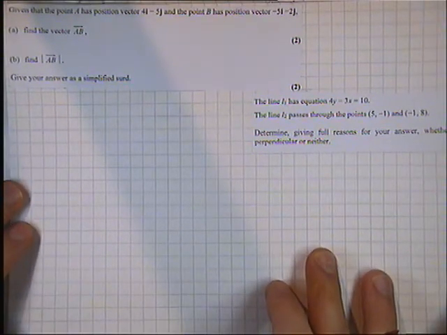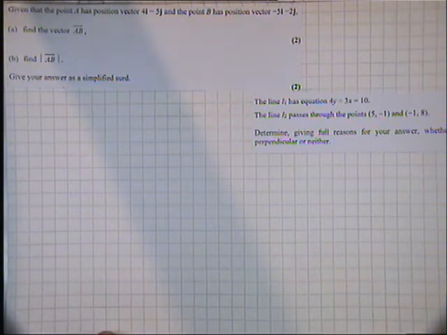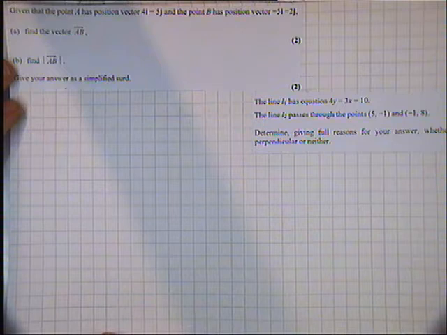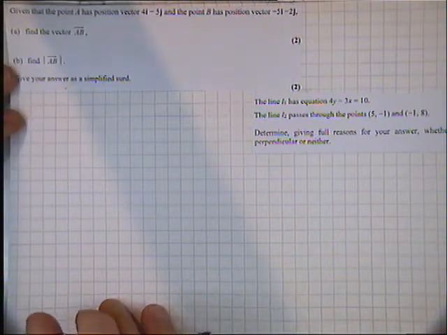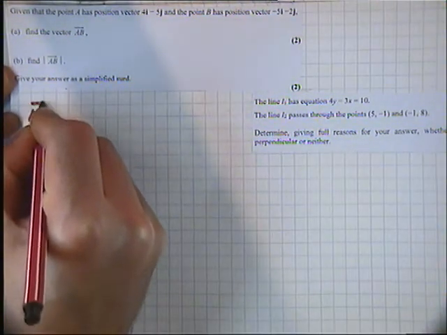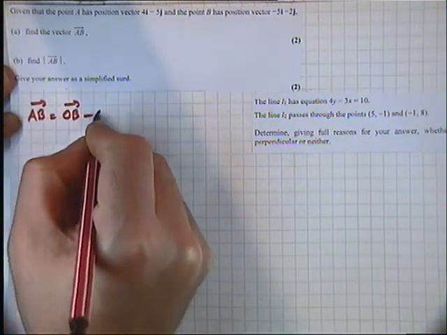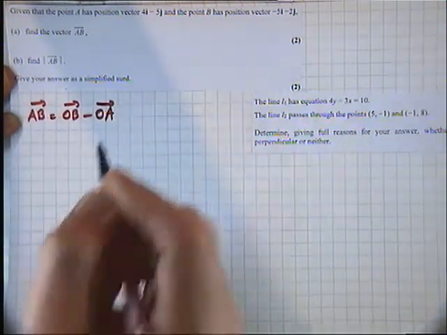Given that the point A has position vector 4i minus 5j, and the point B has position vector of minus 5i minus 2j, find the vector AB. AB is a vector which starts from, so let's write down the formula first. AB is equal to OB minus OA.